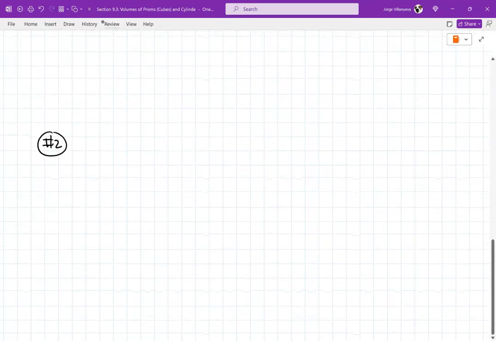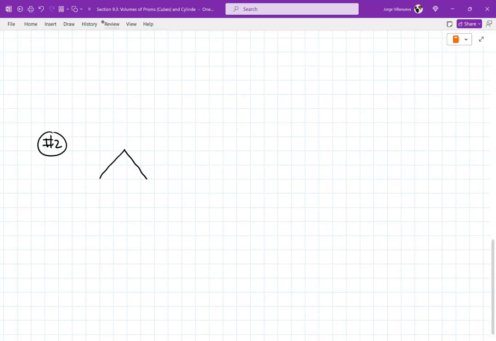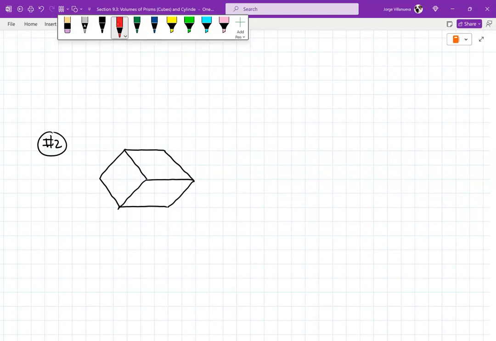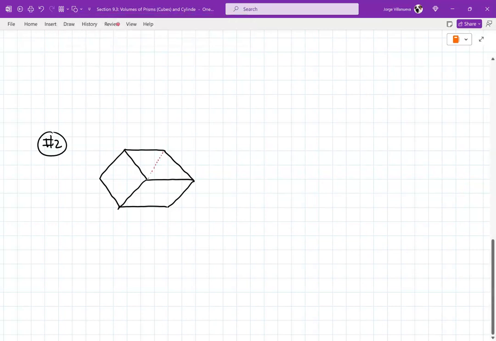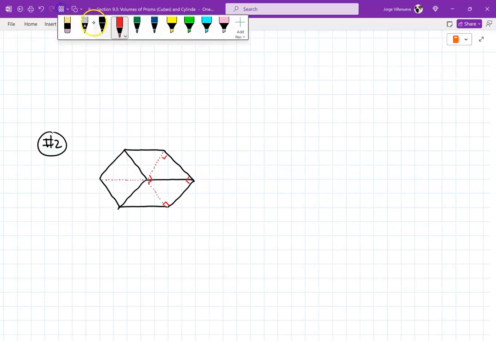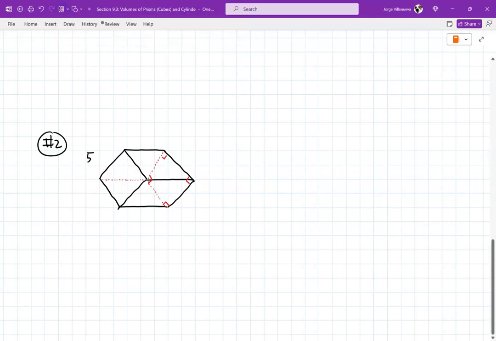Let me try to draw it the way they have it here. And they labeled it 5 centimeters, 11 centimeters.